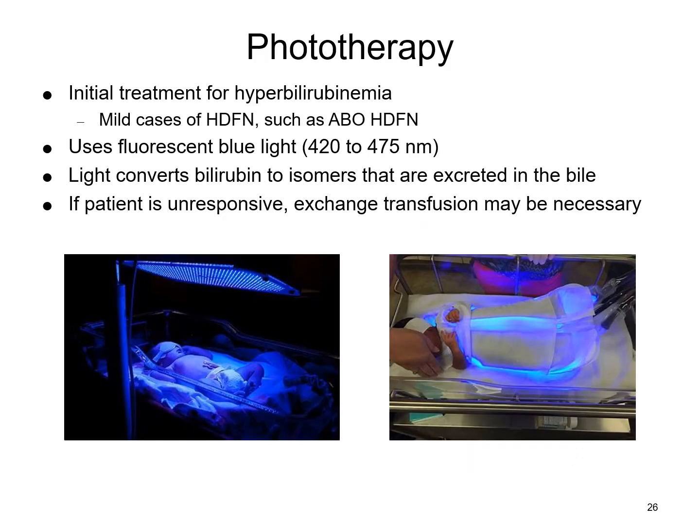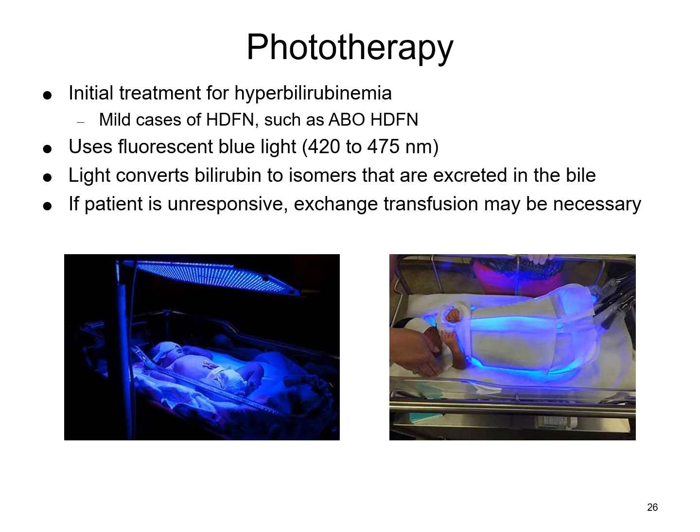Now, once the infant is born, if that bilirubin level is increasing, then they may determine that they need to do some kind of phototherapy. Usually phototherapy is going to be used in your milder cases of hemolytic disease of the fetus and newborn, just to help out that liver with processing that bilirubin.